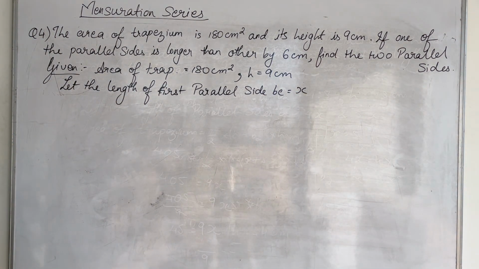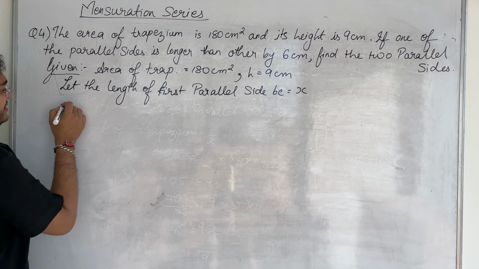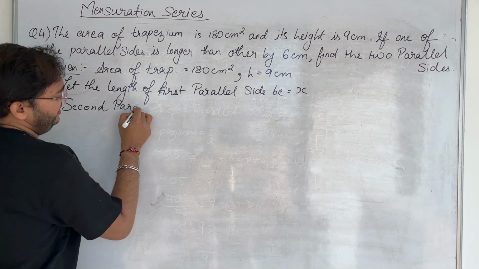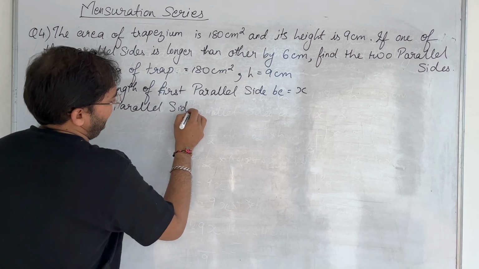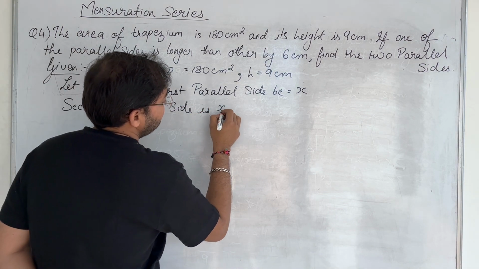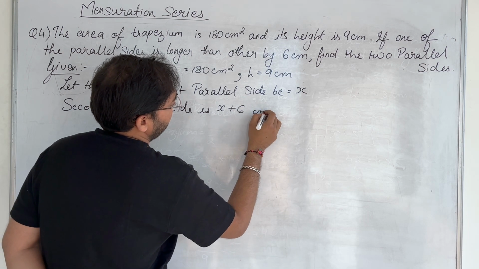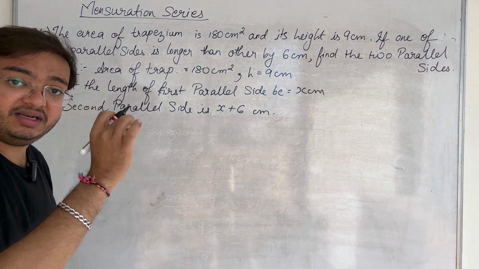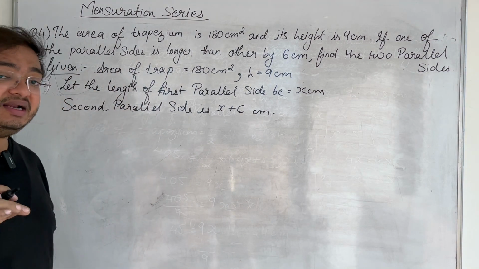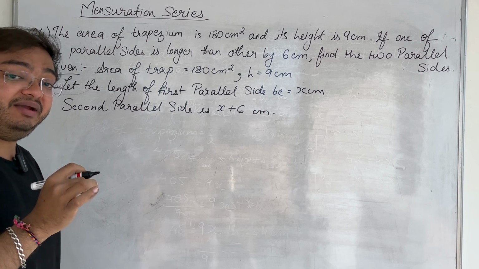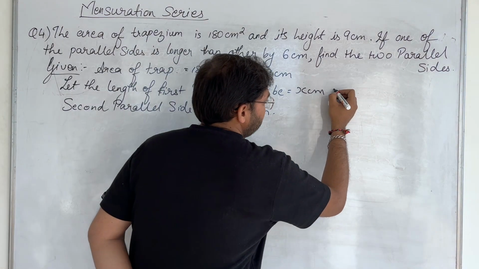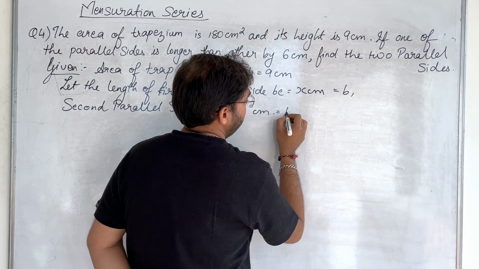Now I know that the length of the first parallel side is x, then can I say that the second parallel side is x plus 6 centimeter? Because whatever would be the length of the first parallel side, the other parallel side would be 6 centimeter more than the previous. So now indirectly this is my B1 and this is my B2.